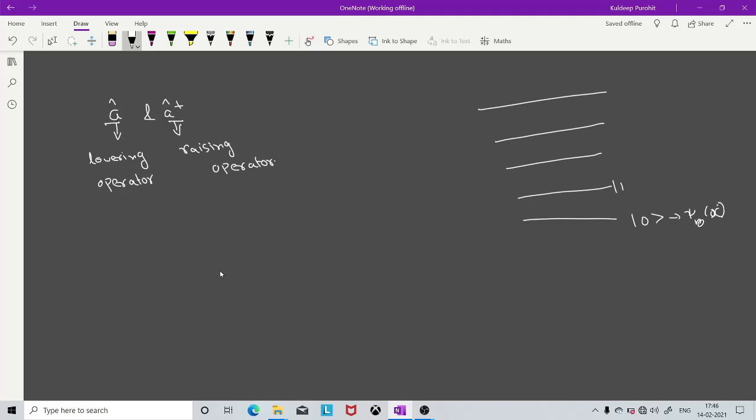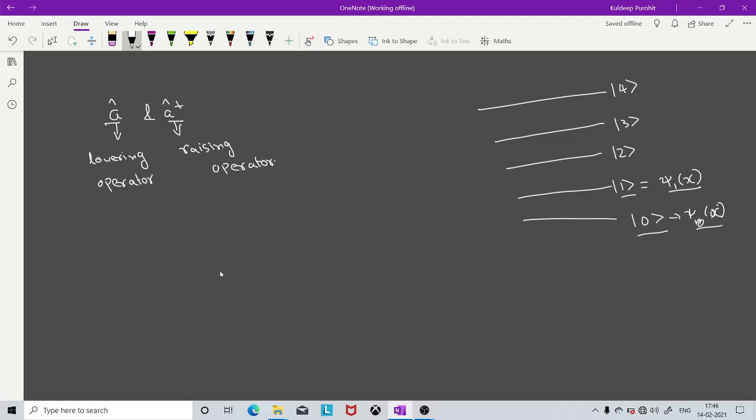The next higher state is psi 1 of x, and this we label as 2. So in operator formalism we write psi 0 of x as ket 0, psi 1 of x as ket 1, and this is how we go ahead.